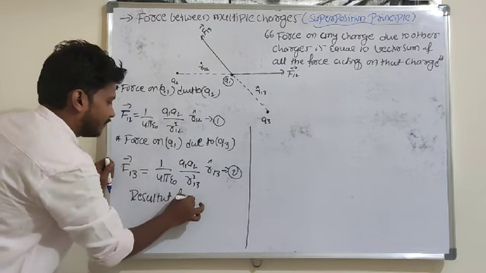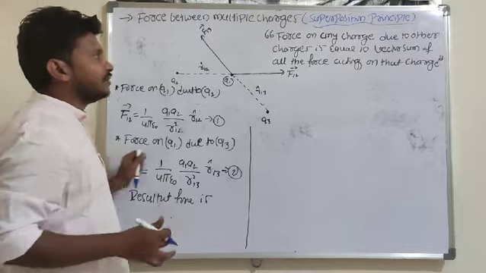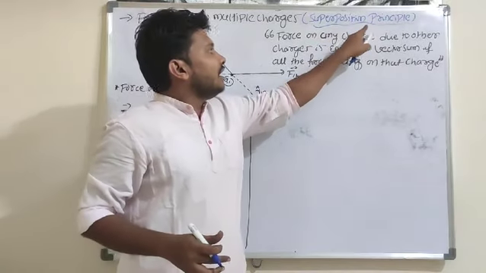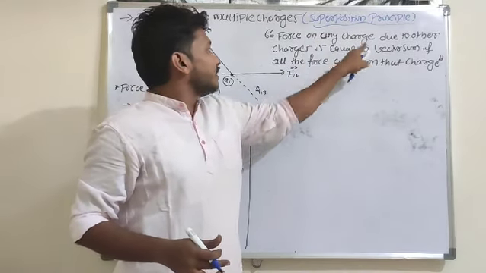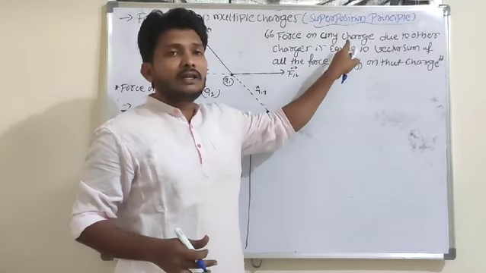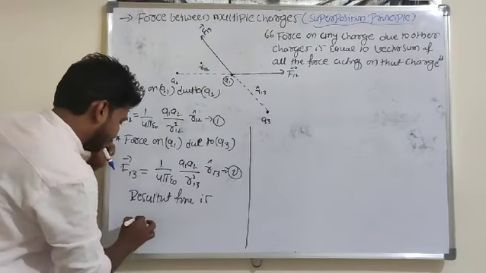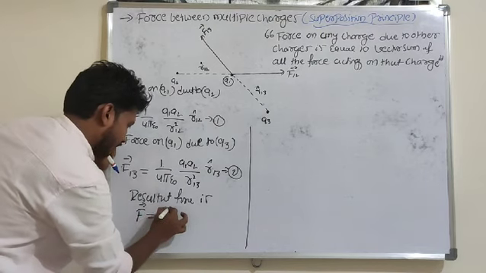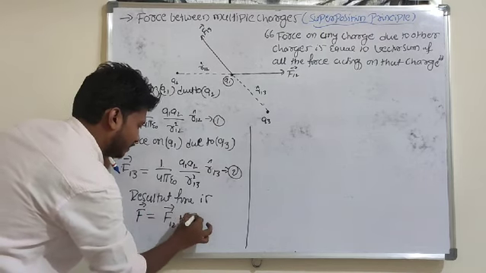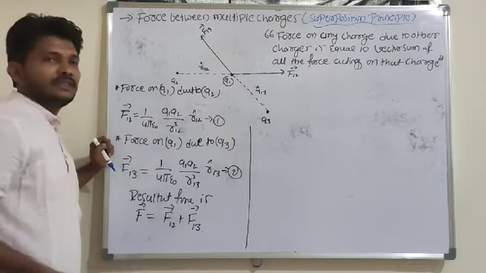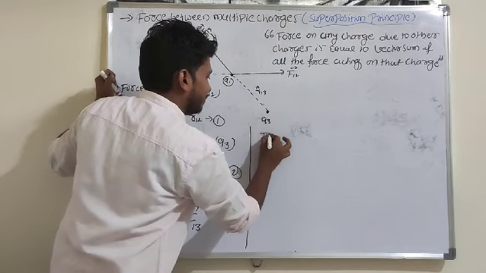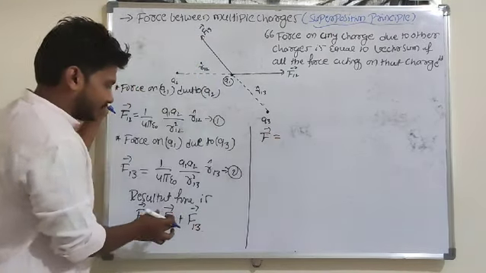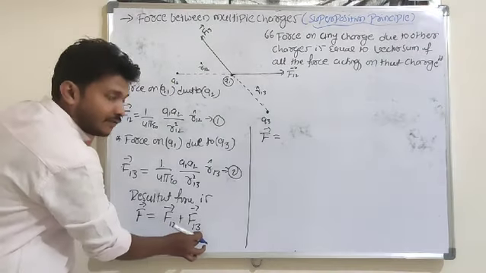So the resultant force, from this definition, force on any charge due to other charges is equal to the vector sum of all the forces acting on that charge. So the resultant force F is equal to the vector sum of all the forces.